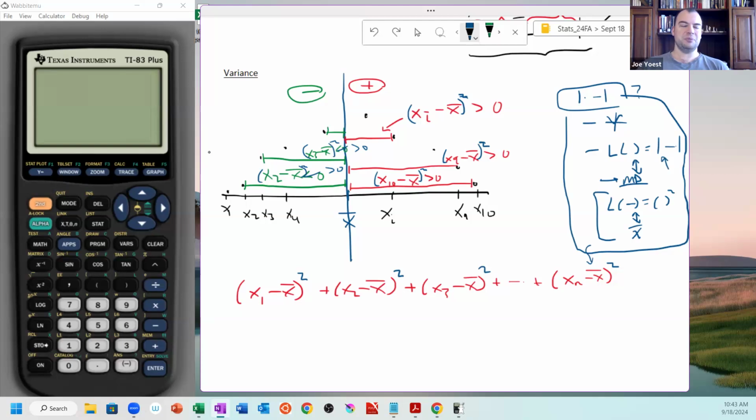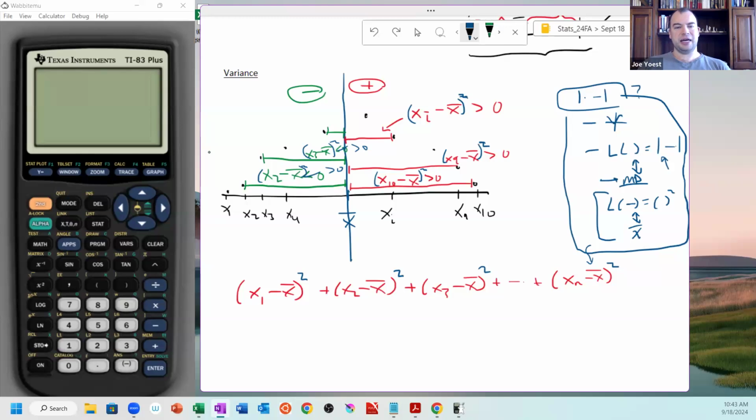If I take a bigger sample, say size 1,000, now I'm adding 1,000 non-negative things together. Almost certainly the variance for the sample of size 1,000 is going to be bigger than the variance for the sample of size 100, if I computed it this way. Or if I take a sample of size 900,000, it's just going to keep getting bigger the larger the sample I take.